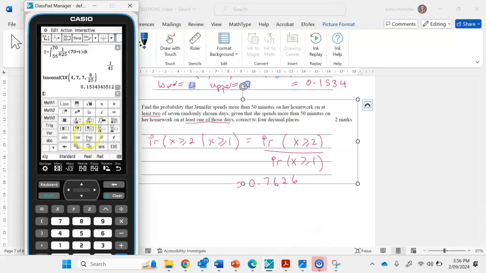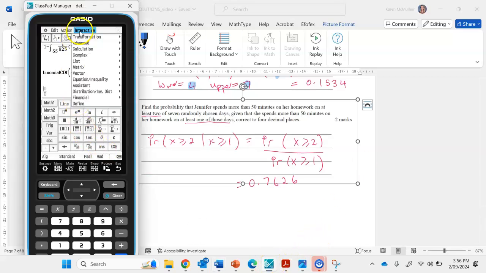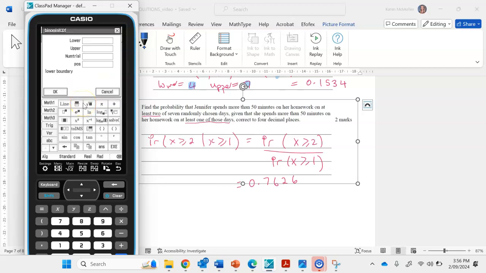Just make sure if you are using this fraction button, when you do your binomial, why do I always go to that one? Binomial CDF. So our lower limit is 2, our upper limit is 7, the number of trials is 7, the probability of success, I think it was 8/25.